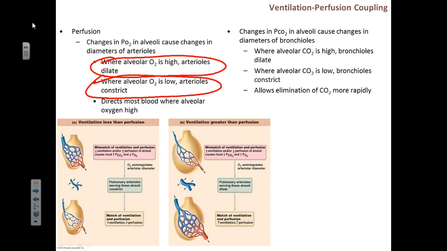Think about the consequences. If you have a locally higher concentration of oxygen, blood flow will increase. What will happen to the oxygen concentration in that region? It will decrease steadily, because blood will start to pick up more oxygen. Does that make sense? Essentially, if in the long term you have some areas of the lungs that are dysfunctional, like emphysema, some kind of inflammation, where local ventilation is poor, local blood flow will become poor as well.